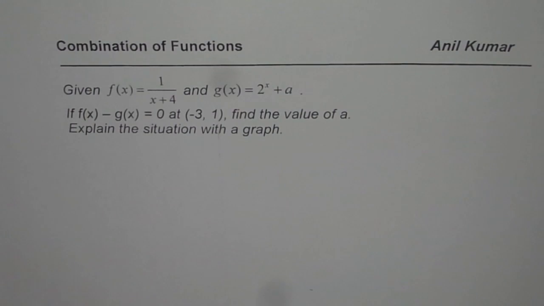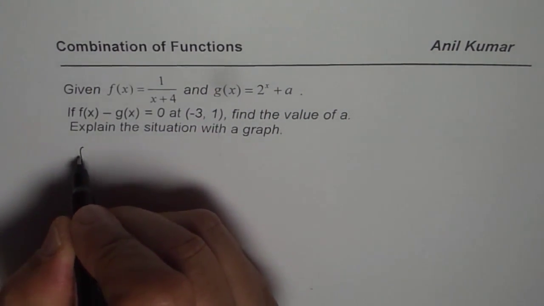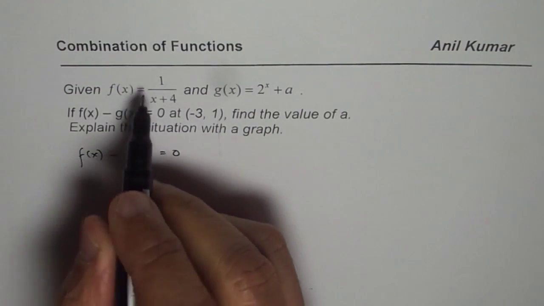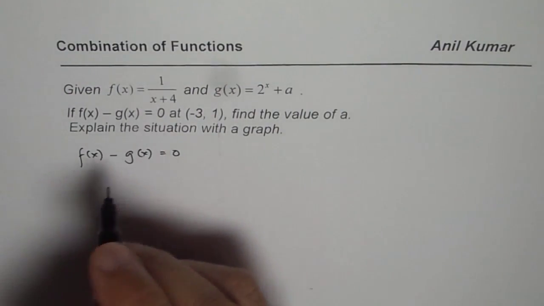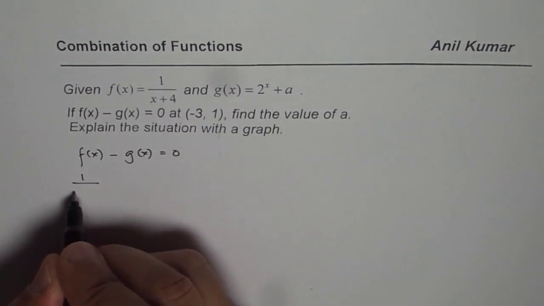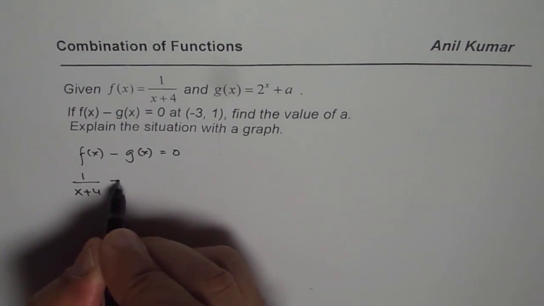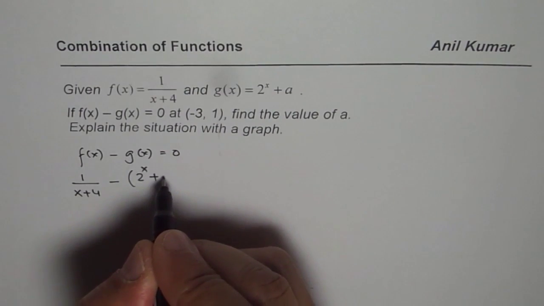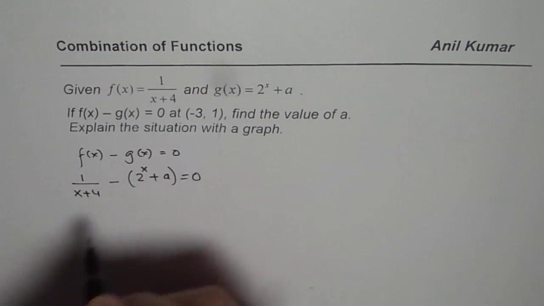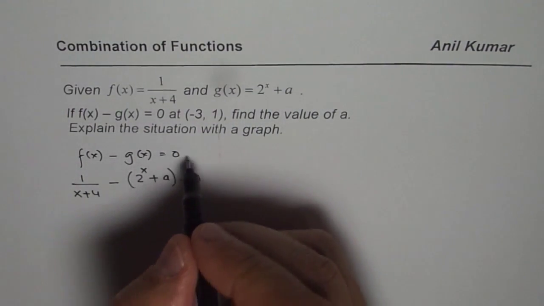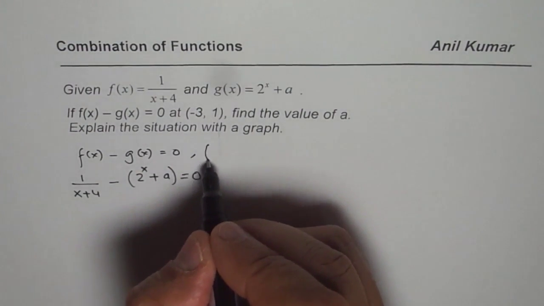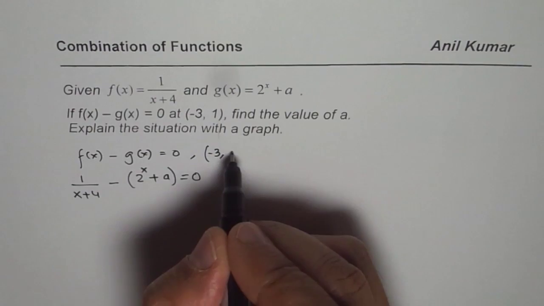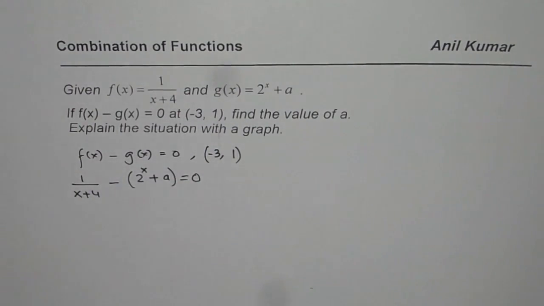When we say f(x) - g(x) equals 0, we are saying that this is f(x), that is 1/(x+4), minus g(x), which is 2^(x+a), equals 0. This is 0 at a particular point, not always: when x is -3, and at that time the y value is 1.